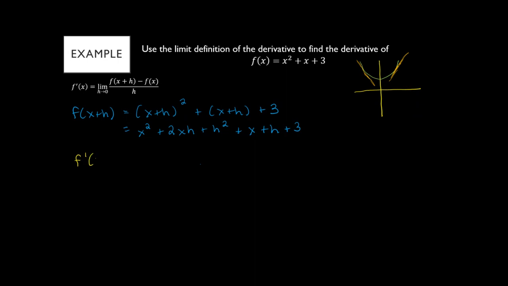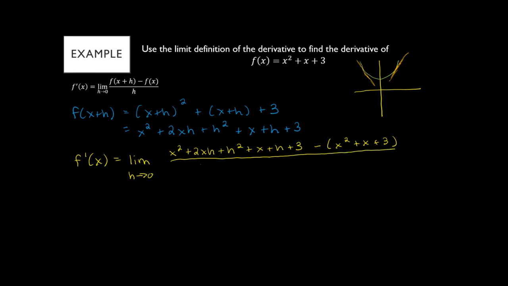So now we're going to find the derivative. So f prime of x equals limit as h goes to 0. I have x squared plus 2xh plus h squared plus x plus h plus 3 minus f of x, which is x squared plus x plus 3, all over h.